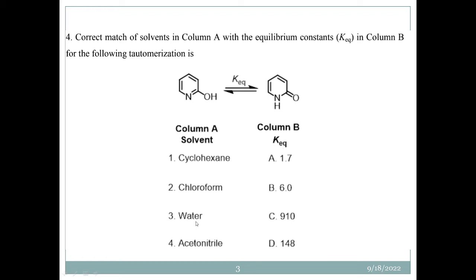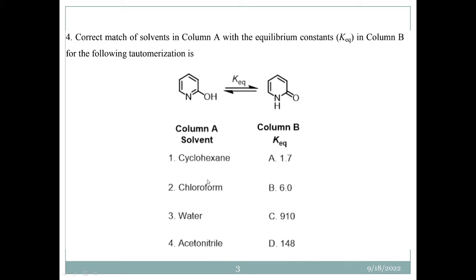Now the next: chloroform, I don't think so, cyclohexane no, acetonitrile. So after water, acetonitrile is the most polar. So again it will have a high value. Of course, then the next highest value is 148. So 3 goes with C, 4 goes with D. And between cyclohexane and chloroform, CHCl3 has some dipole moment.